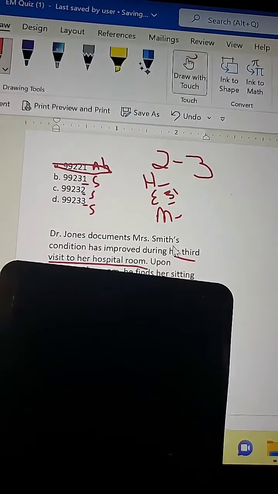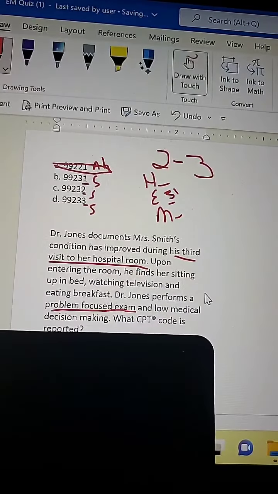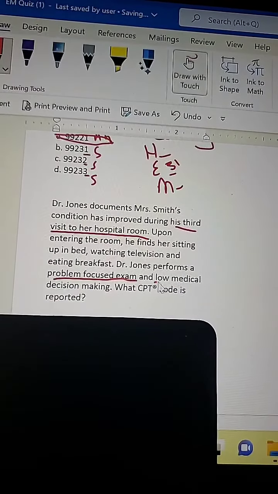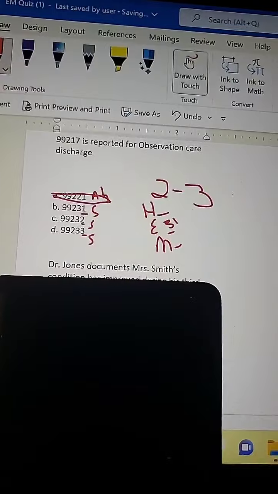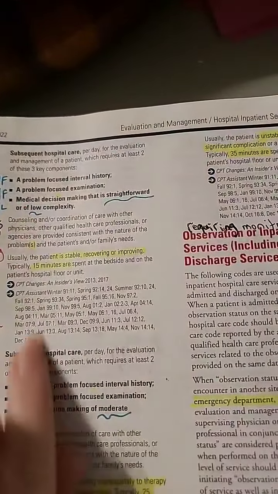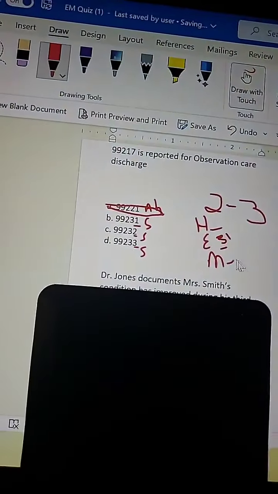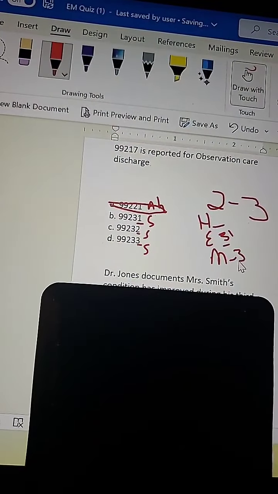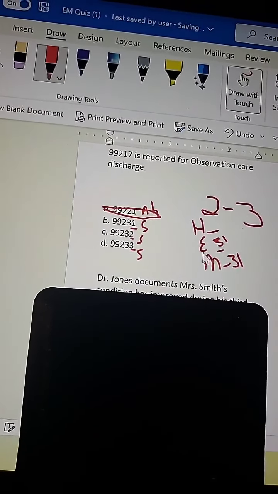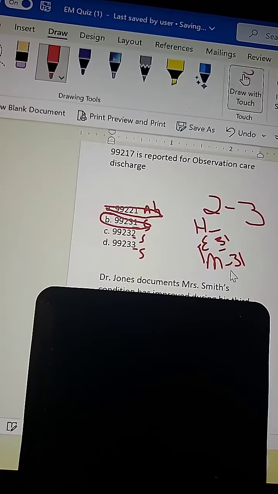And then let's see if we can find history or MDM. Our MDM is low, so I'm just going to go back and see which one has an MDM of low. And again, it is our 31. So with 31 being the correct code for our exam and MDM, we have 2 that match. That means B is our answer, and we can bill B.